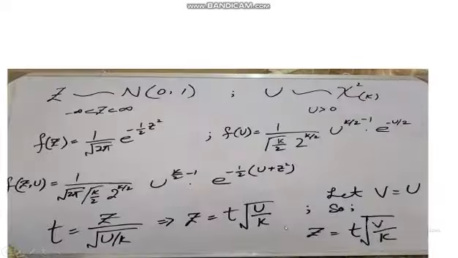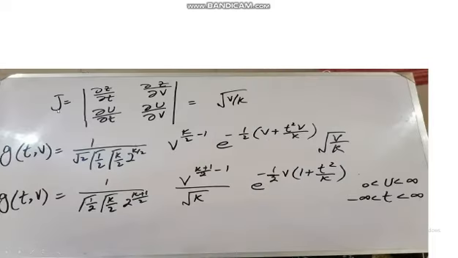For finding it, we will follow the transformation method, where we convert it into some other variable. Solving for Z, we have this one, and let V equal U. Z will become this one, and then we need the Jacobian.